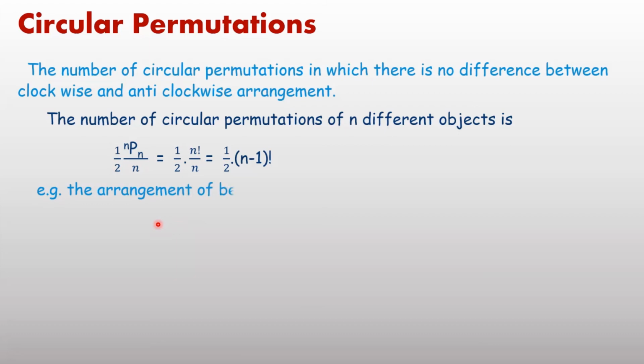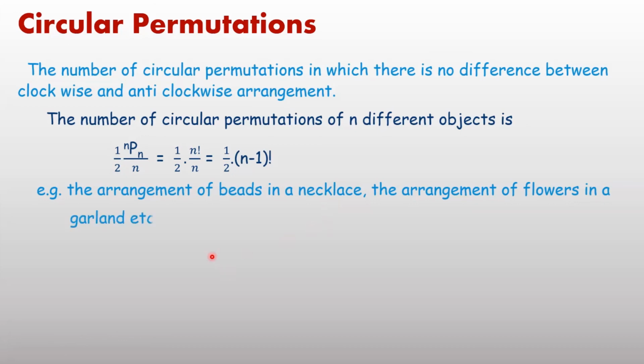For example, again the arrangement of beads in a necklace, the arrangement of flowers in a garland, but in these cases you are going to take all the beads or all the flowers at a time. And again you can observe here that clockwise and anti-clockwise both arrangements are the same.